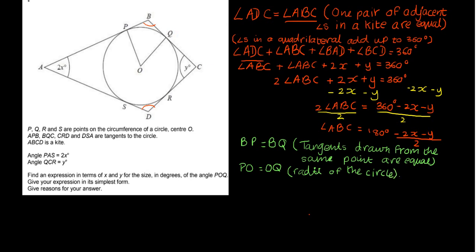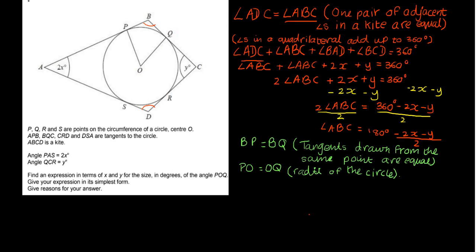So this would mean that in this shape here, PB is equal to BQ and PO is equal to OQ. So these two sides are adjacent to each other and these two sides are adjacent to each other. So you've got two pairs of adjacent sides equal to each other.